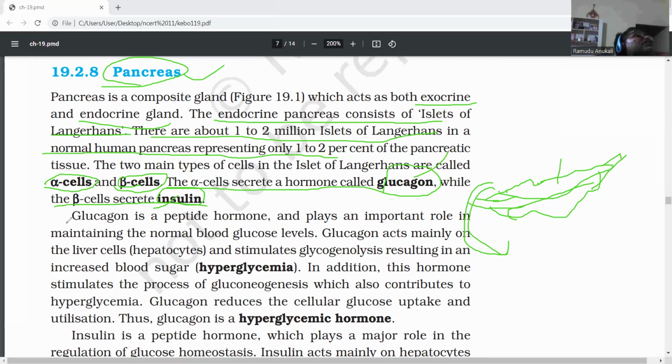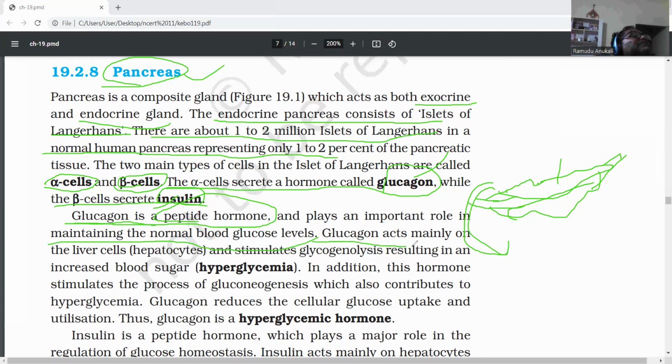So glucagon is responsible mainly for converting glycogen into glucose. Glucagon is a peptide hormone. It plays an important role in maintaining the normal blood glucose level.